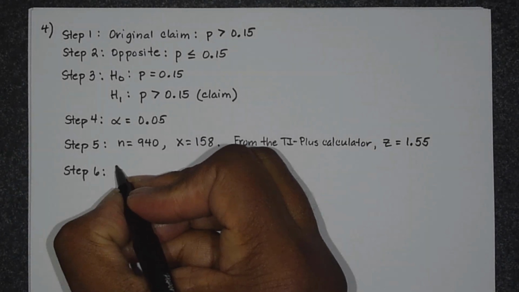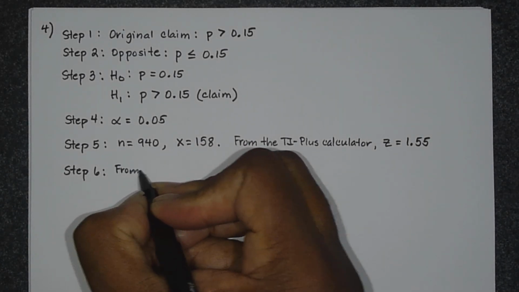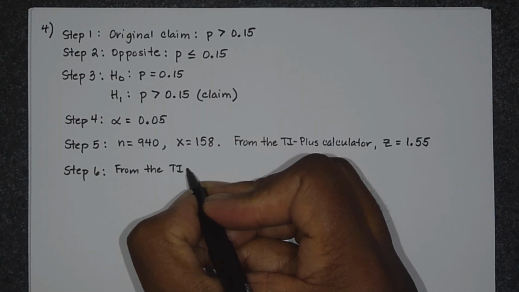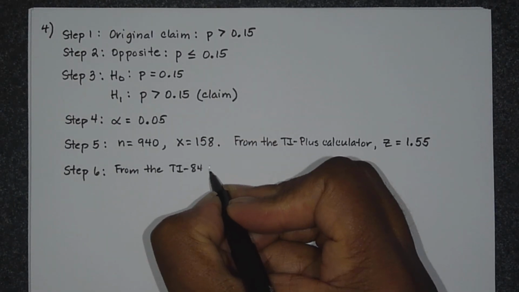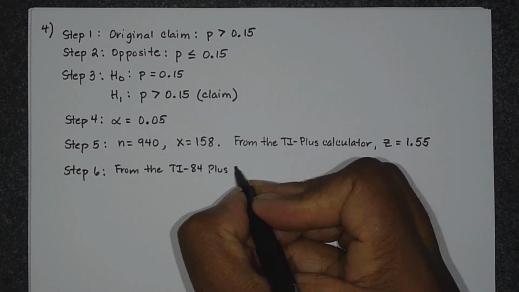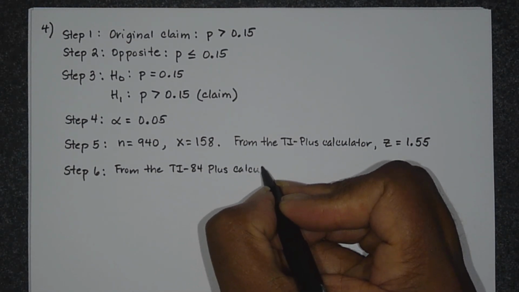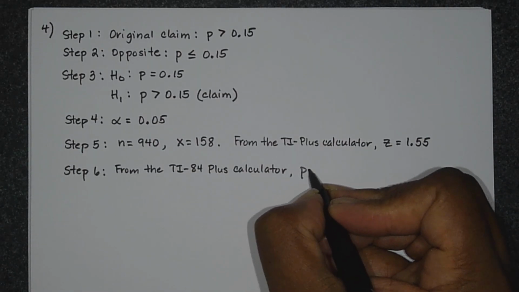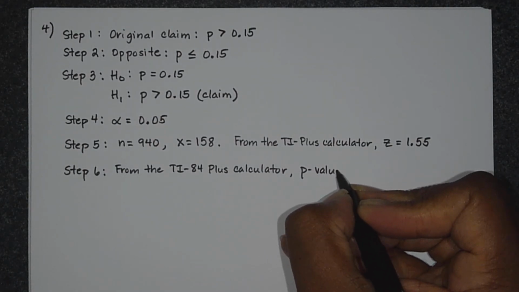Now step number 6, also from the TI-84 Plus calculator, we can get the p-value.